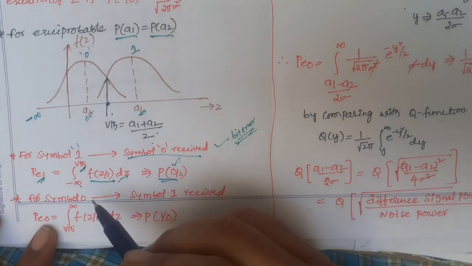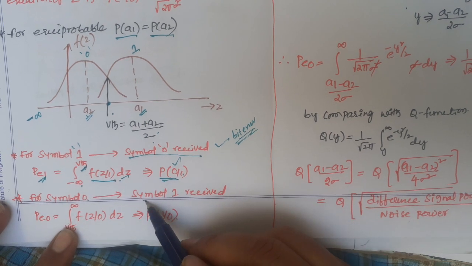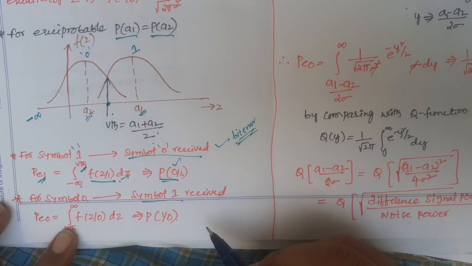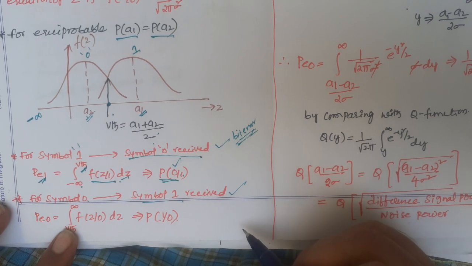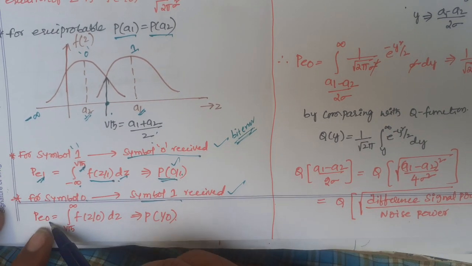Similarly, if I transmit bit 0 and I receive symbol 1 at the threshold level, this is called a bit error. So here also I want to find the probability of error for 0.